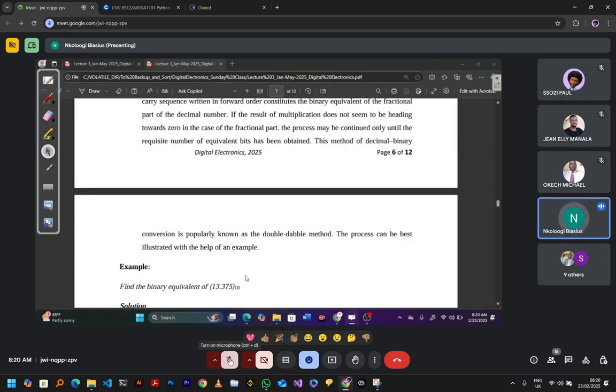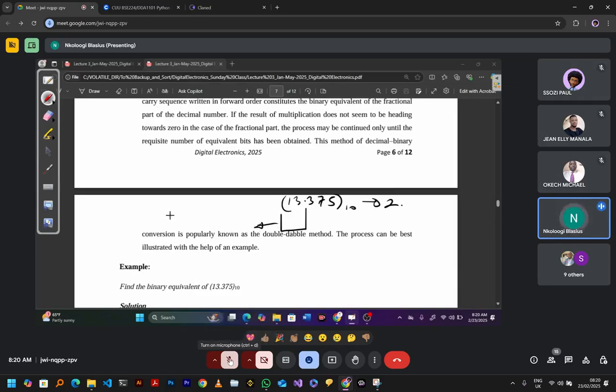So let us use this example here. We are saying that we want to convert 13.75 base 10 to base what? Base 2. Okay. I won't worry about the integer part because this is something that you already covered.